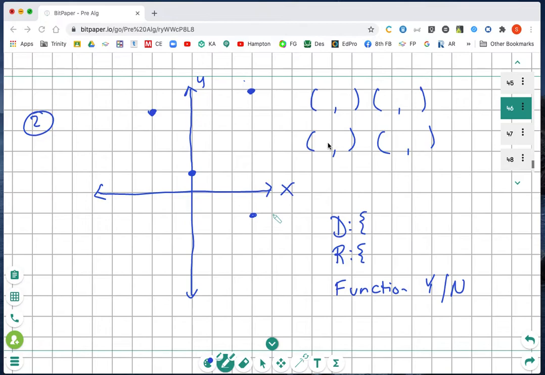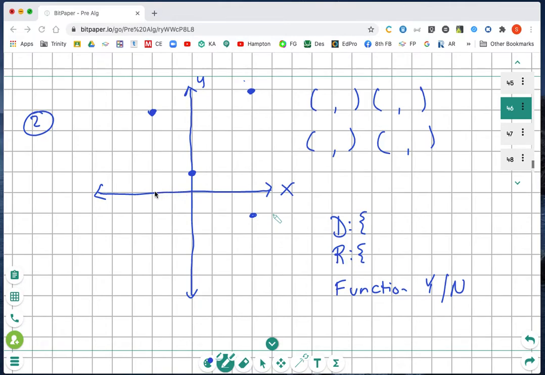Now we're going to take a look at a graph and find the domain and range and decide if it is a function. The first thing you're going to need to do is put the ordered pairs into a relation so you can see what ordered pairs you're dealing with.